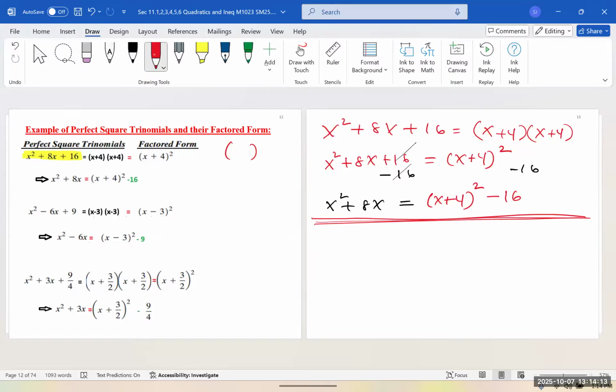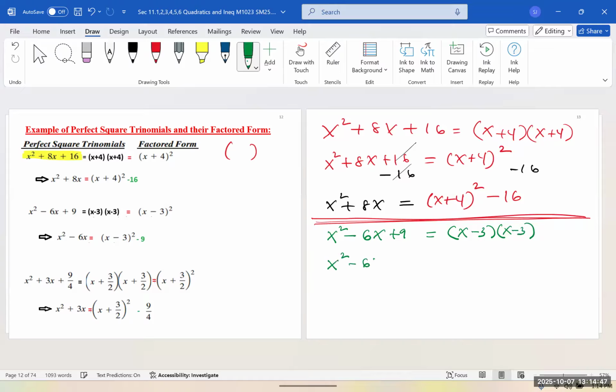Let's take another example and then compare what you get. Next example is x squared minus 6x plus 9. If we try to factor, what two numbers multiply to 9 and combine to negative 6? Can you think of two numbers? Negative 3 and negative 3.